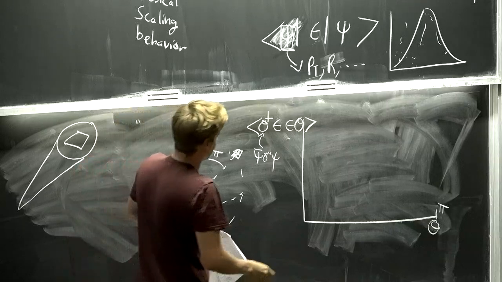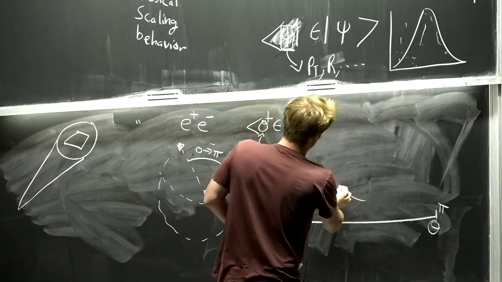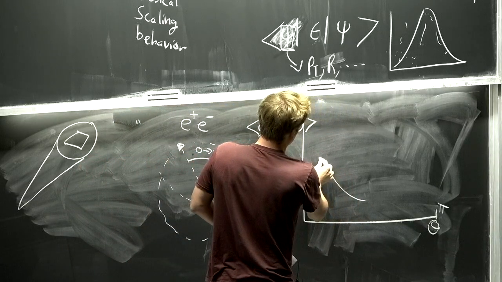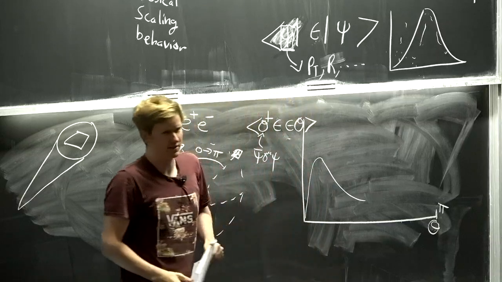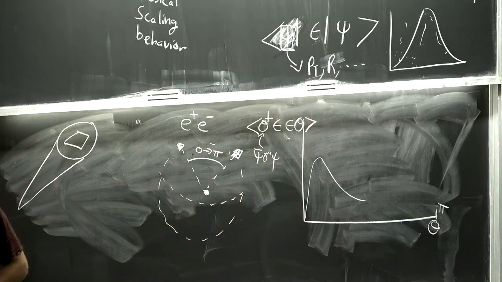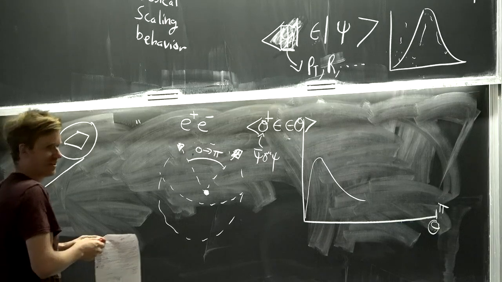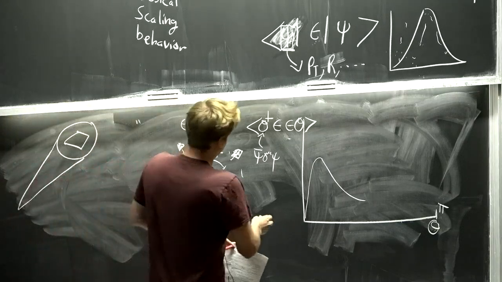And so we've discussed that in this region, it has some behavior like this, which is kind of universal, and then turns over due to confinement. And so can anyone guess, or does anyone know what it does on the other side as I go towards pi? Yeah.